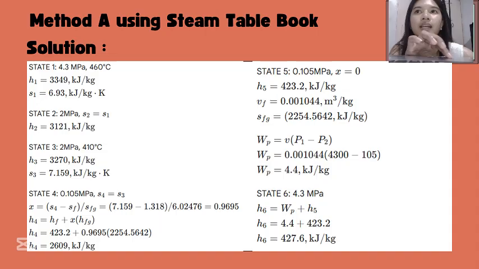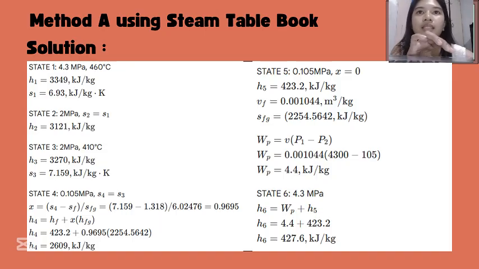Next is state 4, where further isentropic expansion occurs in the low pressure turbine. We have 0.105 MPa, which is our condenser pressure, yielding an entropy of S4 is equal to S3. Calculating the dryness fraction and using it to find the enthalpy, we get H4 is equal to 2,609.